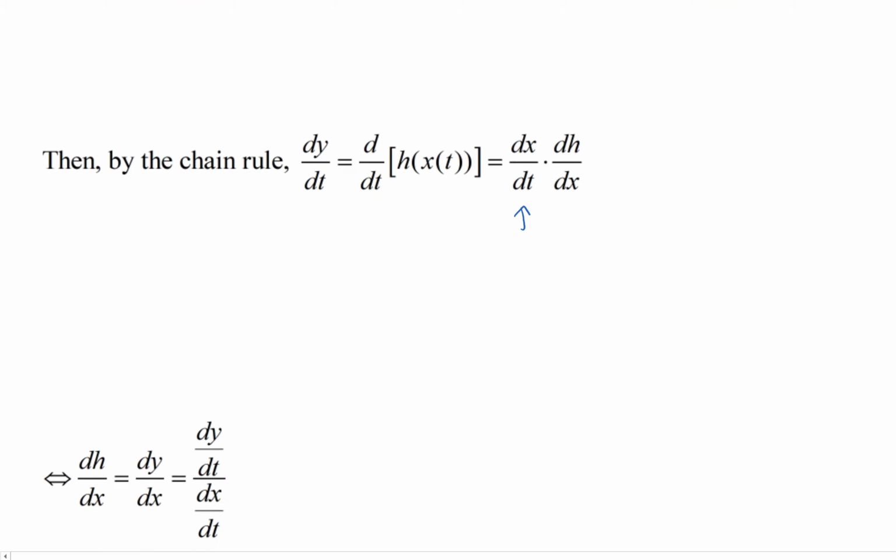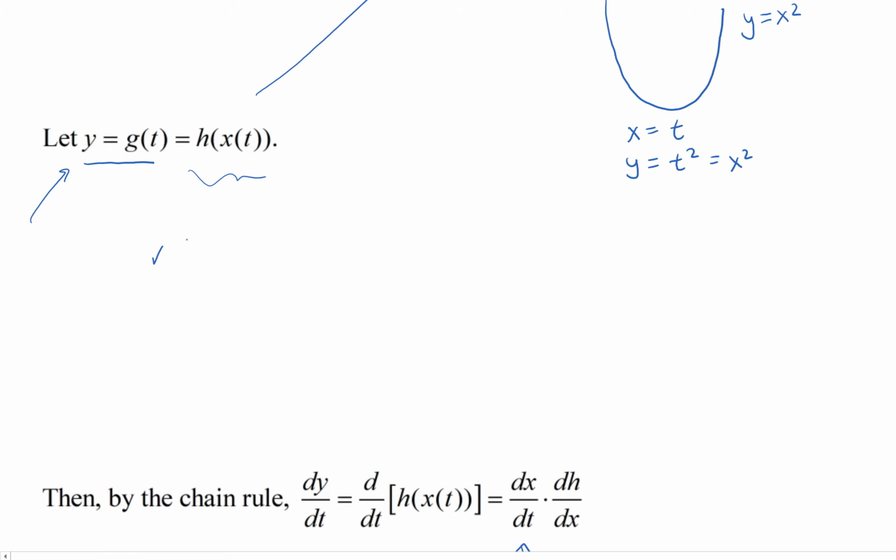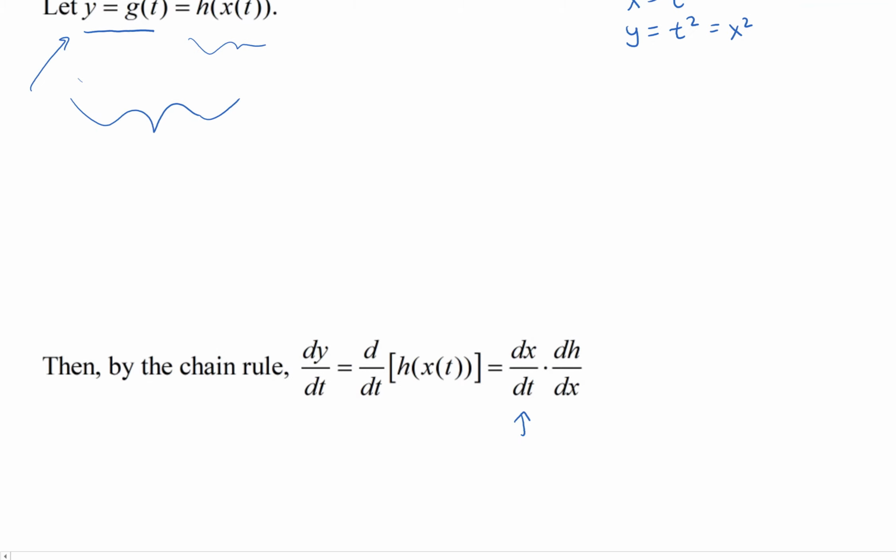But of course, h is what we're calling y, right? Right up here, h is a function of x of t, which is just y. So the derivative of h with respect to x is really just the same as the derivative of y with respect to x.